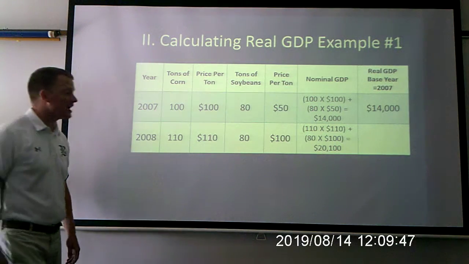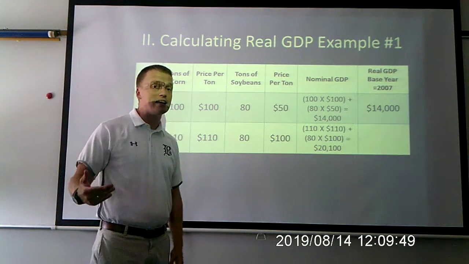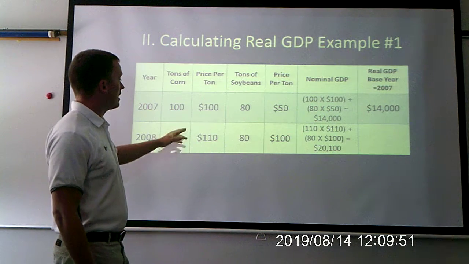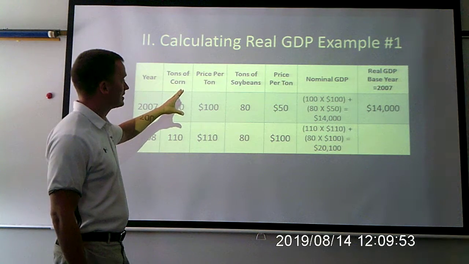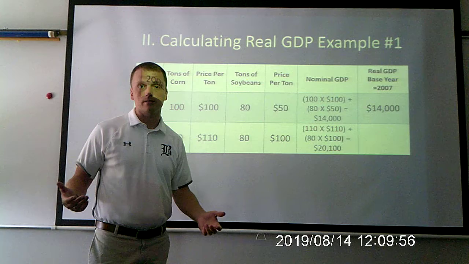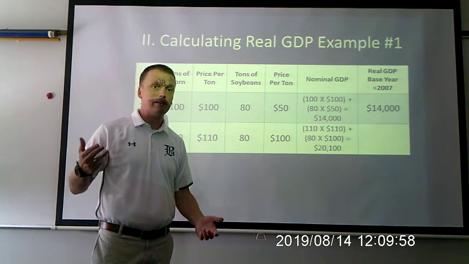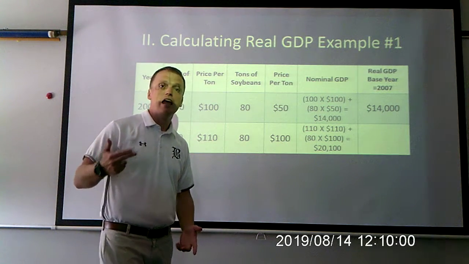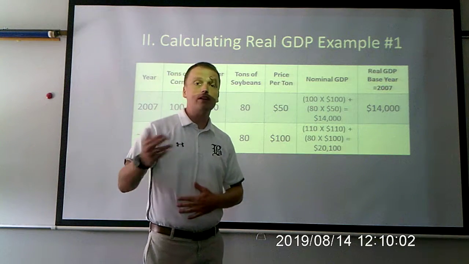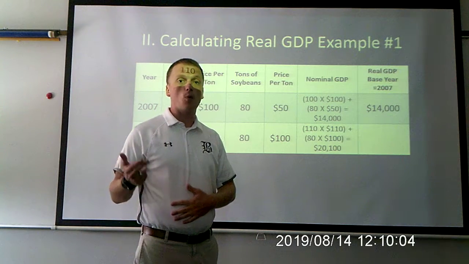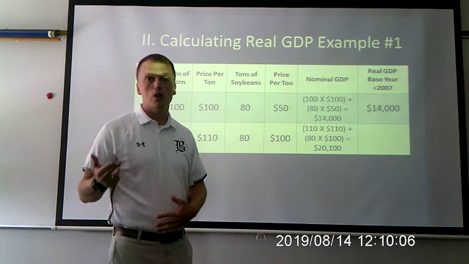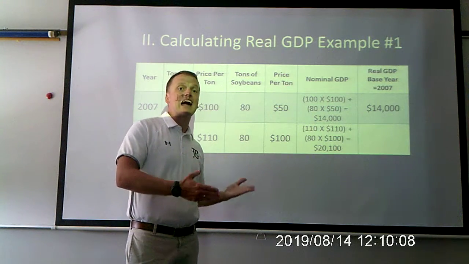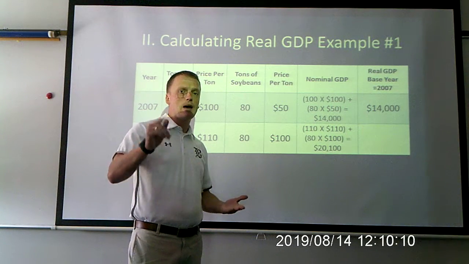It's the same exact thing, and it's because we use 2007 as the base year. Take a minute to let that sink in. Anytime, always, for whatever base year you use, real GDP will be exactly the same as nominal GDP.